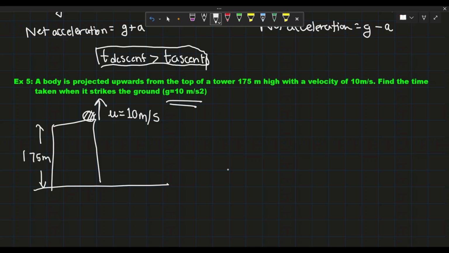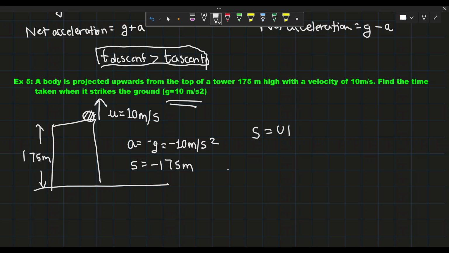So your acceleration is minus g, which is minus 10 meter per second square. Your distance s is minus 175 meters.